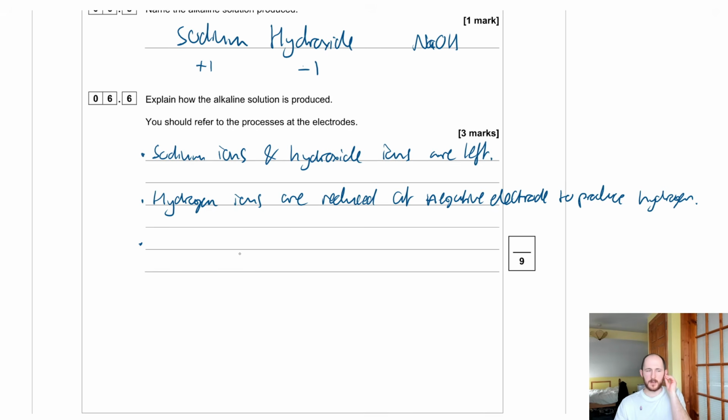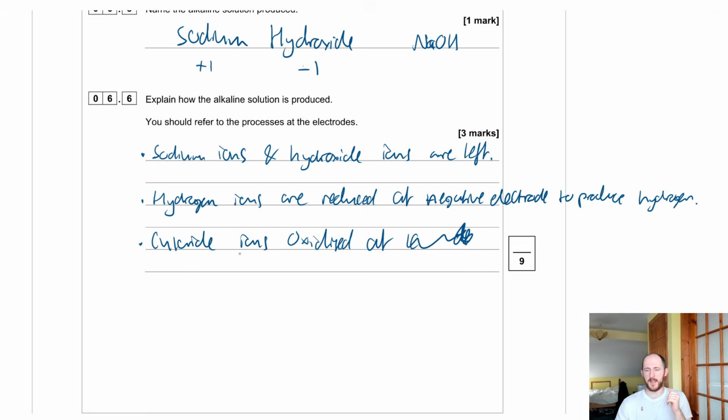Perfect. Lastly but not least, the chloride ions are oxidized at the cathode. Actually, oh wait, I just realized we didn't use the word electrode.